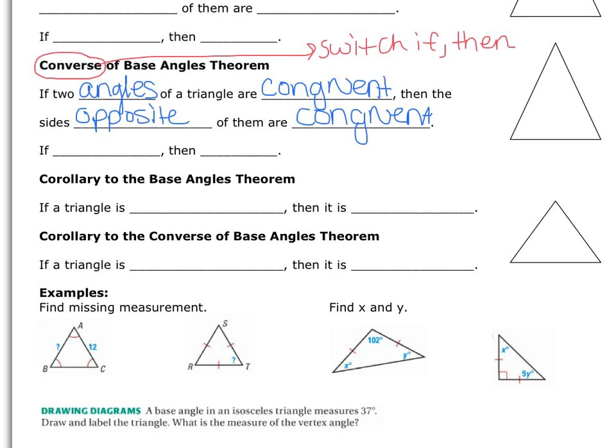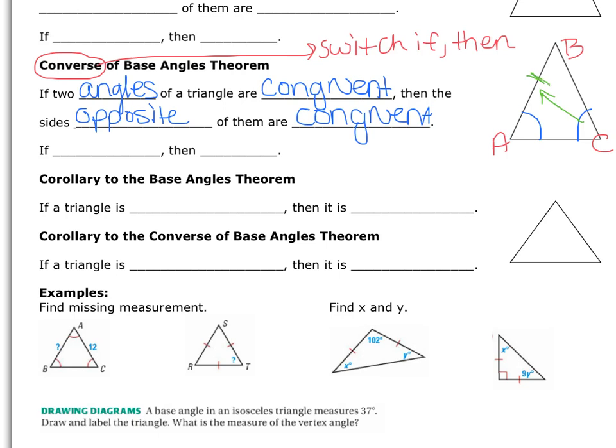Let's label our triangle again: A, B, C. We've got to do the converse. The converse says if two angles are congruent, so if I have these two angles, now I can say that the sides opposite of them are congruent.